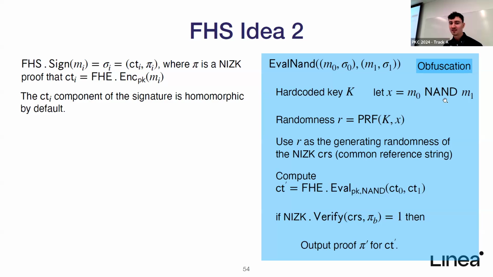We have our evaluated point, and we have the randomness that we generate on the evaluated point. Now, instead of using this randomness as the secret key of a digital signature scheme, we use it as the generating random string that is fed into the setup of the NISIC CRS. Then we can compute an FHE evaluation on the original ciphertext. And if the proofs that are fed into the circuit are correct, then we can compute a new proof for the new ciphertext.